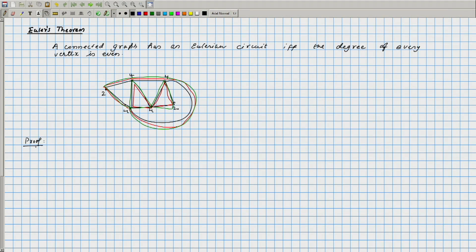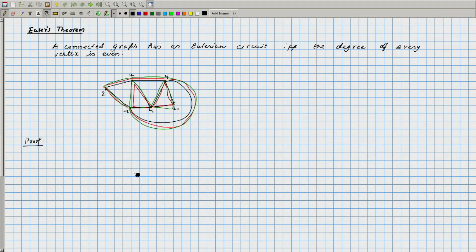Okay. So, the key idea is, since every vertex has even degree, if you enter any vertex, you obviously have to leave the vertex. You will never be stranded at any particular vertex. So, let us say we are randomly moving from one vertex to another, and we are not being particularly clever about which is the outgoing edge.